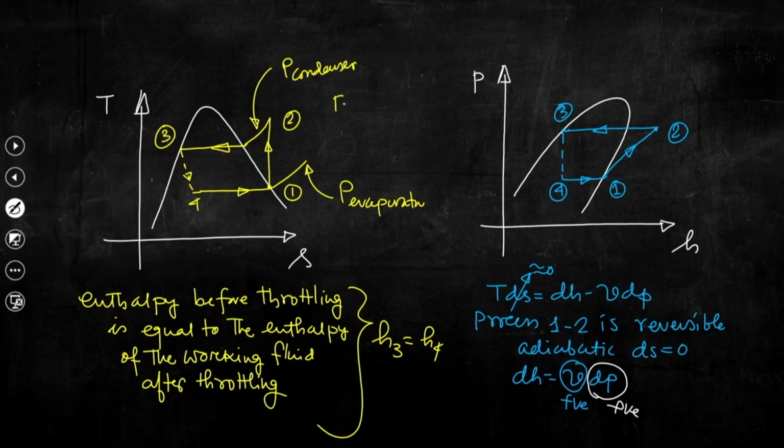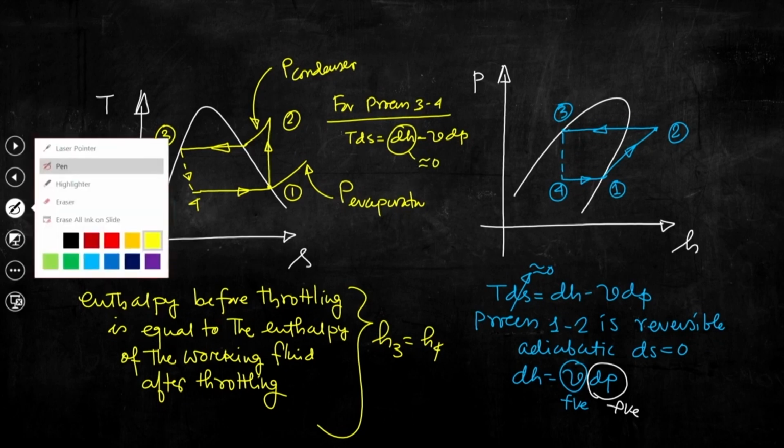Now, let us do this for this particular case. For process 3 to 4, we can write TdS equal to dH minus VdP. If you start your process at state point 3 and go to state point 4, enthalpy at state point 4 is equal to enthalpy at state point 3, so dH is equal to 0.